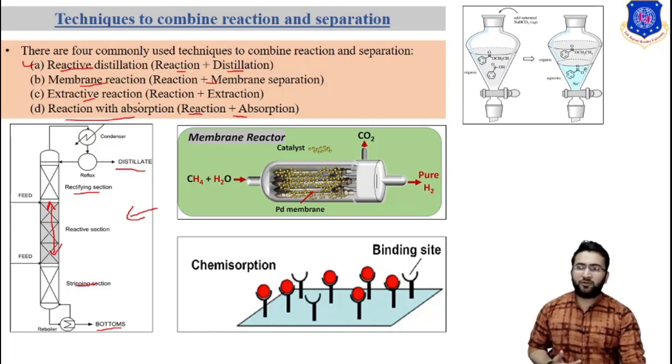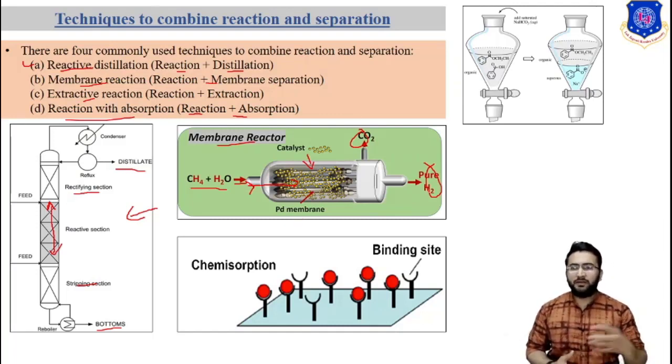Then we can also use the membrane reactor, in which the membrane is made of the catalyst. For example, if we add methane plus water in this reactor, then we can get CO2 and pure H2 from the membrane reactor, where CH4 plus H2O reacts with the Pd membrane, and due to this reaction CO2 and H2 will be separated.